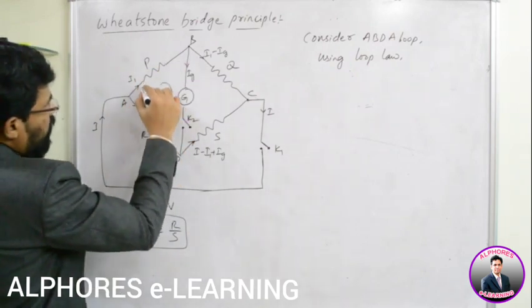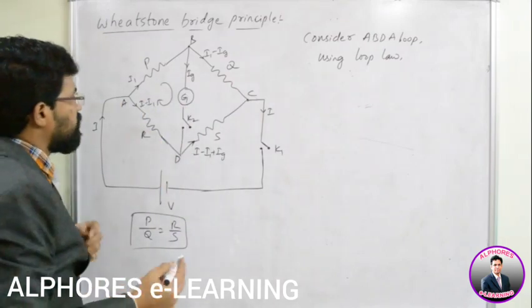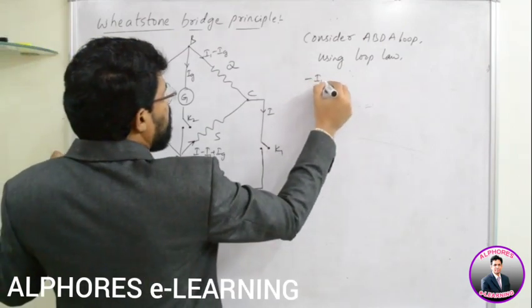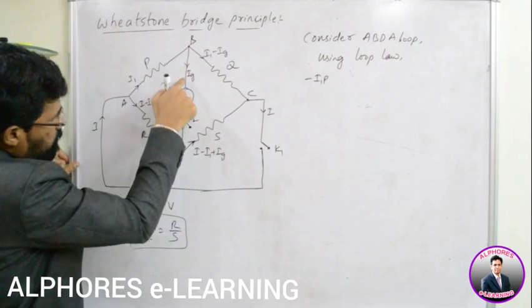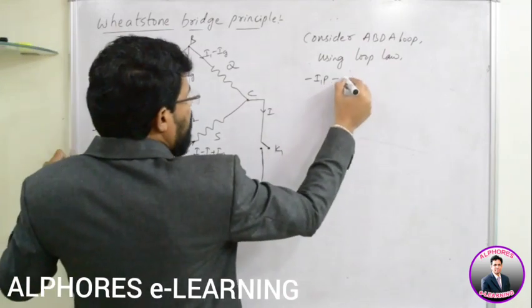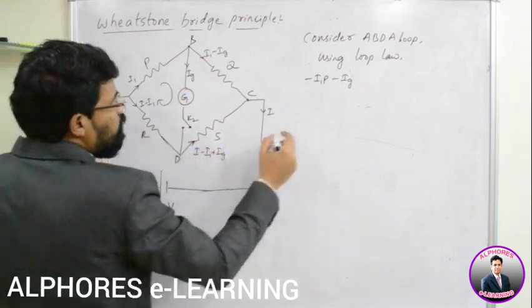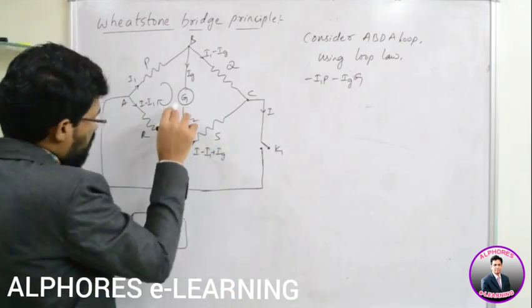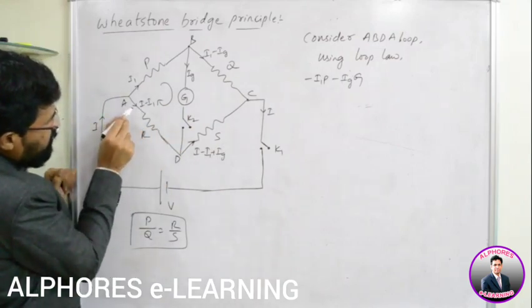So when you are traveling along the direction of the current, how do you take the sign? Minus sign will be taken. Minus, what is the potential across this resistor? I1P, and here you are traveling along the direction of the current, minus Ig, current Ig, resistance of the galvanometer I'll take it as capital G. And here you are tracing the circuit opposite to the direction of current.